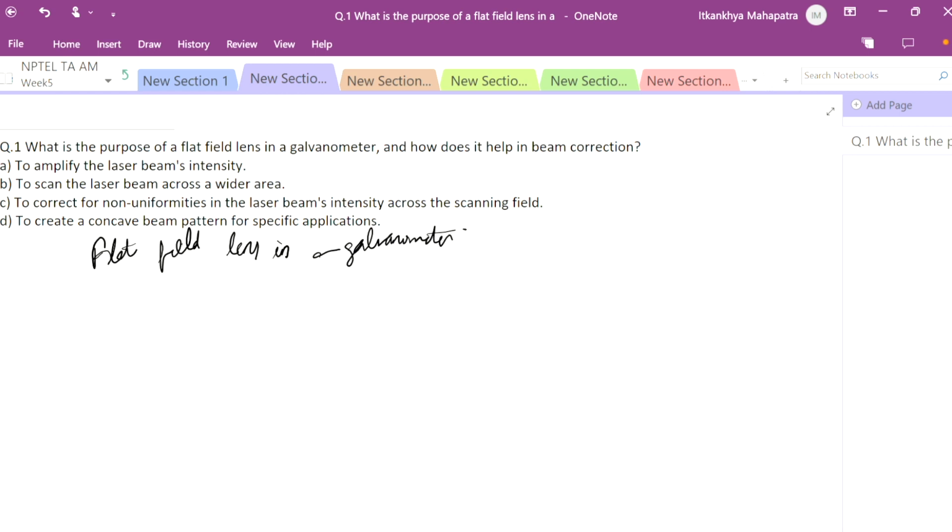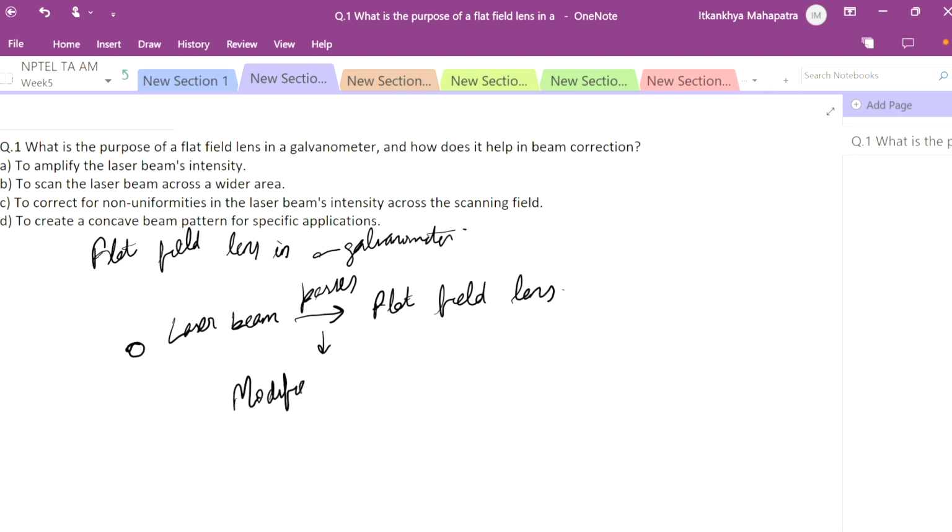Now, when a laser beam passes through a flat field lens in a galvanometer, it modifies the beam's profile. Why does it do so?